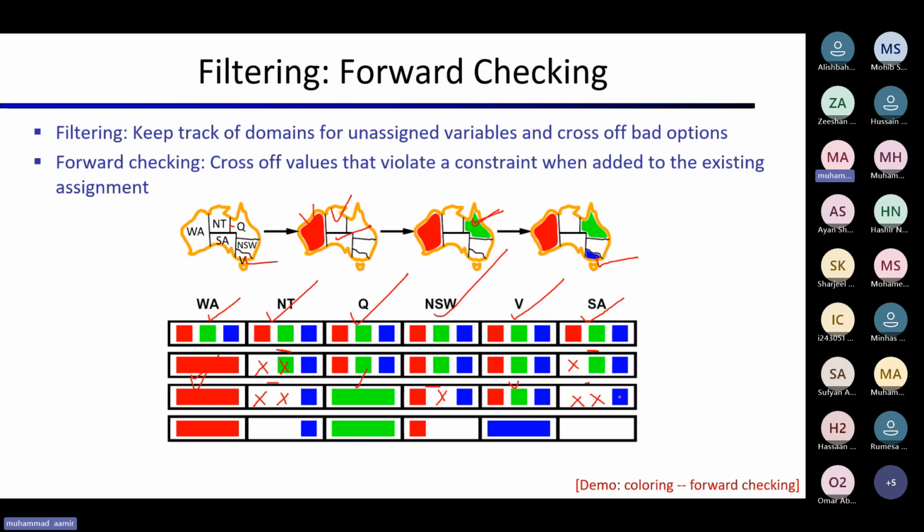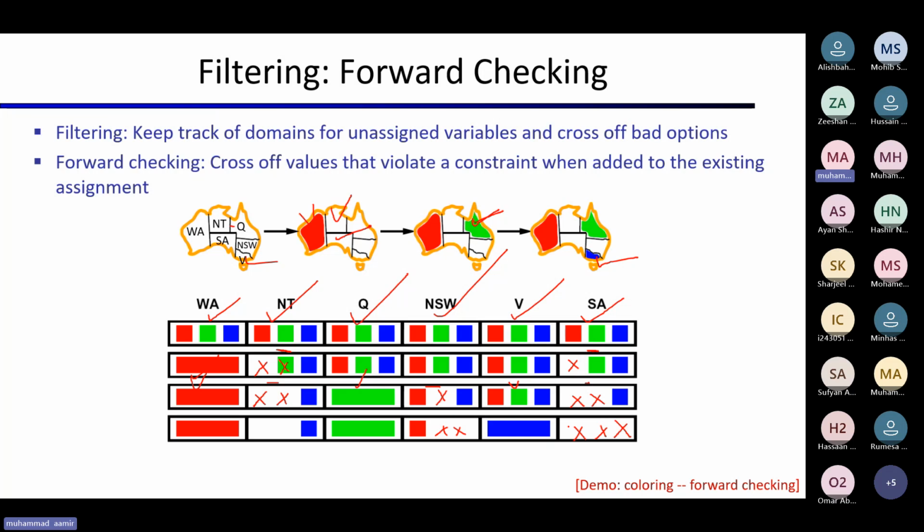So SA cannot have the blue color, so we remove blue from SA, and this is where the problem is, because the domain of Southern Australia has become zero, so no values are left for the Southern Australia state. This is what forward checking actually helps with.